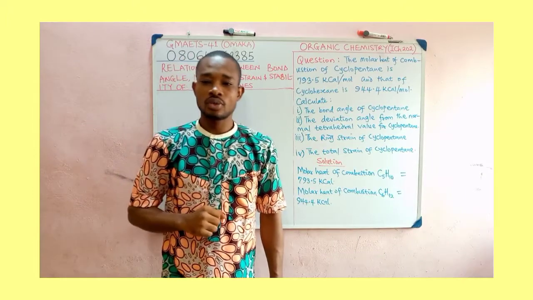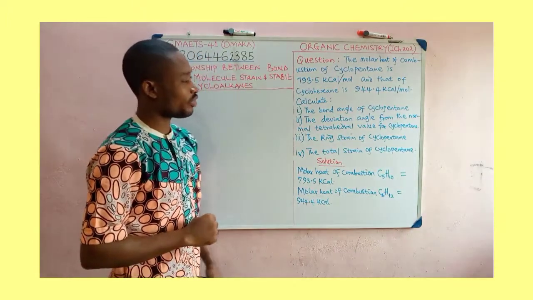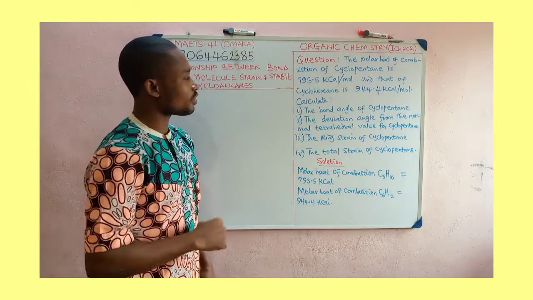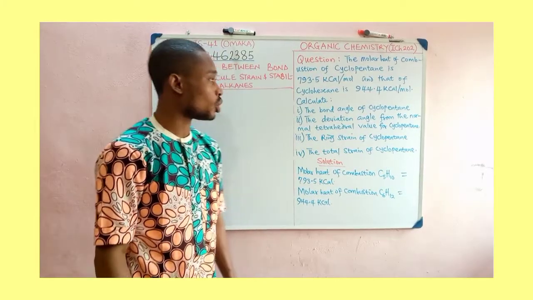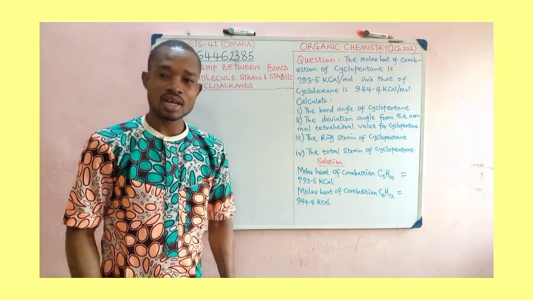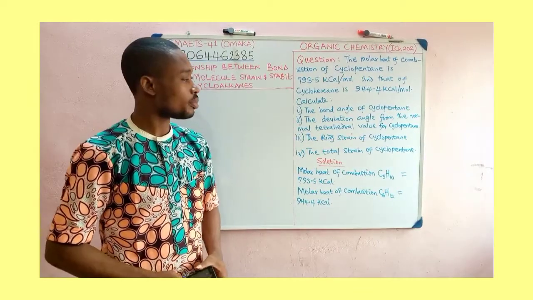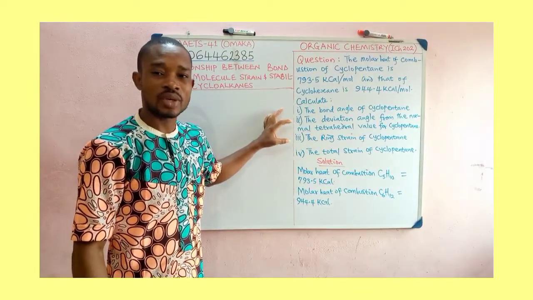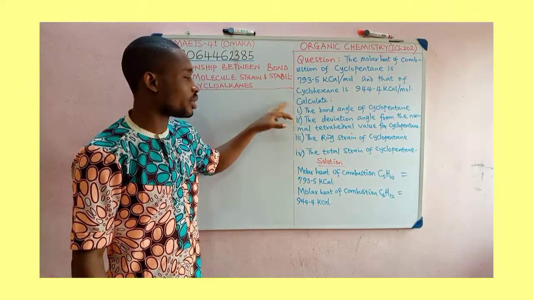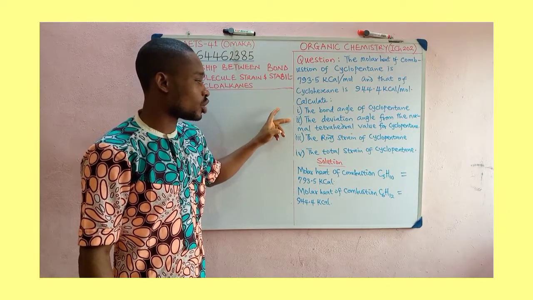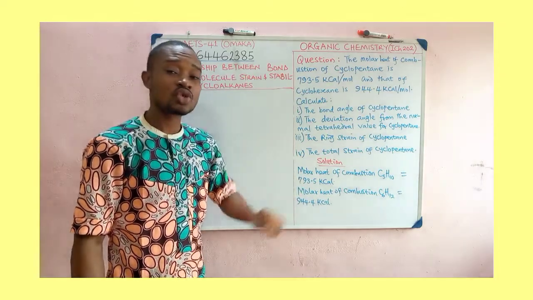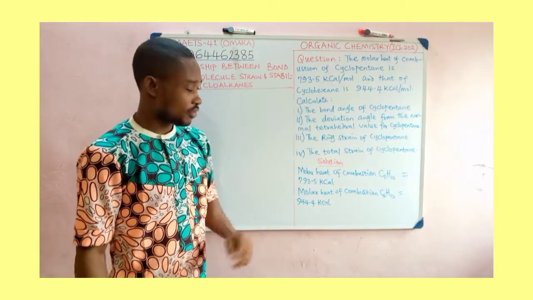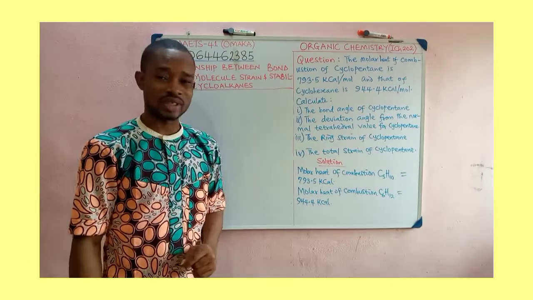On the board here, we have this question we want to look at in this video. The molar heat of combustion of cyclopentane is 793.5 kilocalorie per mole, and that of cyclohexane is 944.4 kilocalorie per mole. It is required that we calculate the bond angle of cyclopentane, the deviation angle from the normal tetrahedral value for cyclopentane, the ring strain of cyclopentane, and of course the total strain of cyclopentane.